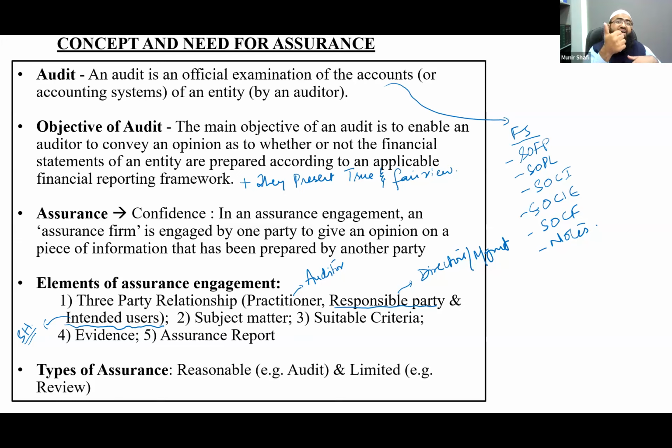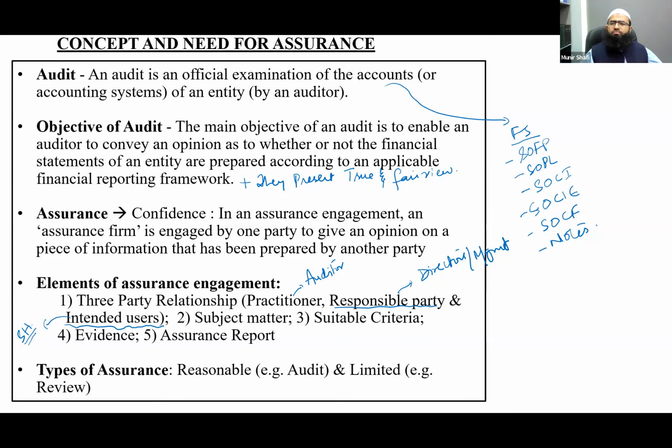Our assurance, our reliance on the numbers in the financial statements is higher because we are testing more. So our opinion is telling shareholders that, yes, you can place a lot of reliance on these numbers because we have tested a lot.